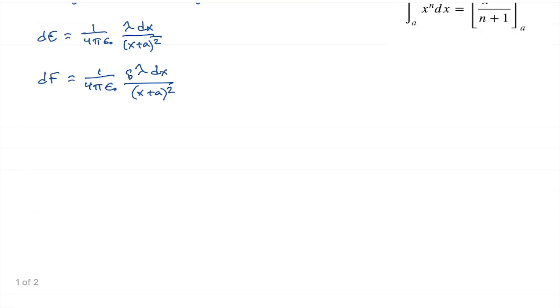So if we integrate both sides, we will get F equals, okay, the integral is going to run from 0 to L of 1 over 4 pi epsilon 0 q lambda dx, all divided by x plus a quantity squared.